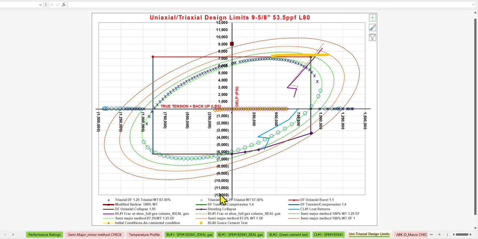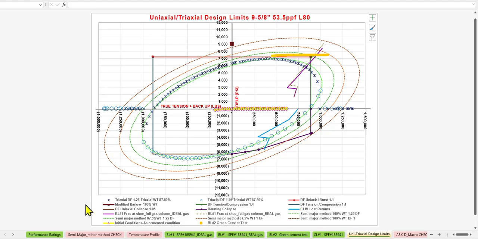Okay, so the 87.5%, as I mentioned, increases your radial and tangential stresses, so your equivalent von Mises stresses go up and the design factors will be lower, but it's a thickness that needs to be accounted for, in my view. And then you have the 87.5% wall thickness over here.